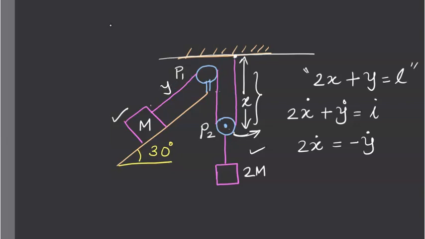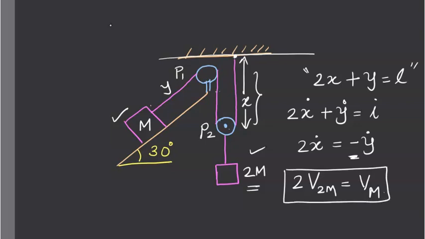Since one is increasing and the other is decreasing, there is a negative sign over here. So 2x dot is equal to minus y dot. Now to write in terms of speeds, the speed of block 2m will be x dot, so 2 times v of 2m is equal to y dot, which is the speed of m. Here I am not writing the minus sign because speed is a scalar.